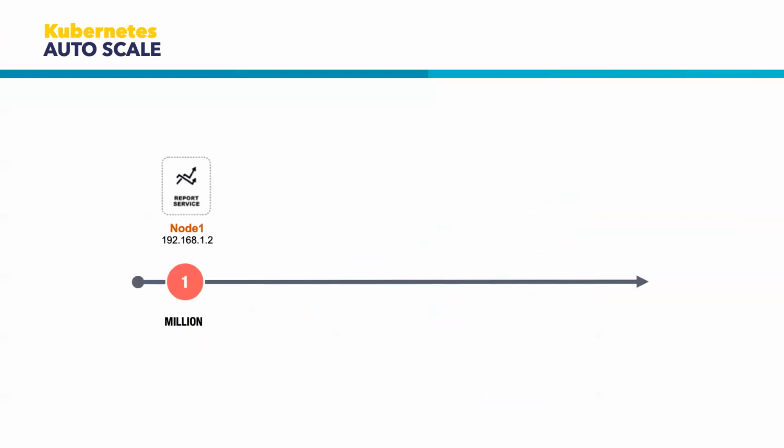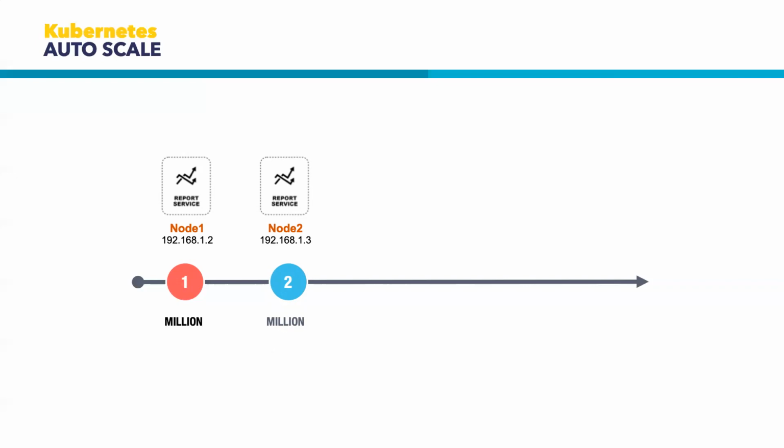Let's say I have node number 1, the report service. And I want to define a policy that this node number 1 should be able to handle 1 million requests per second. Now, based on the Kubernetes policy, if it goes beyond 1 million, it automatically creates node number 2 on a different machine.